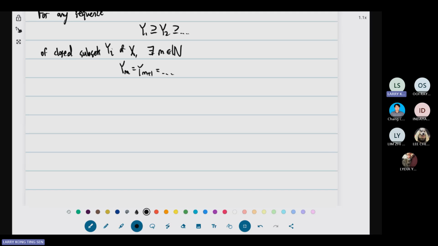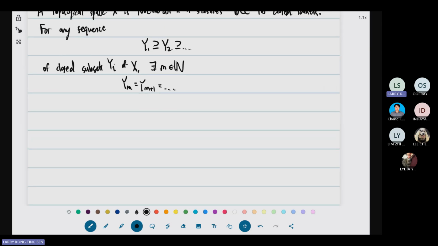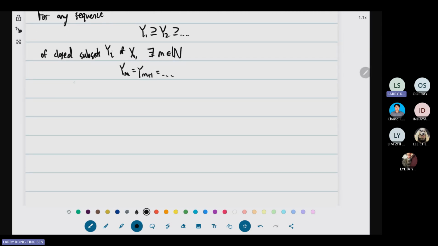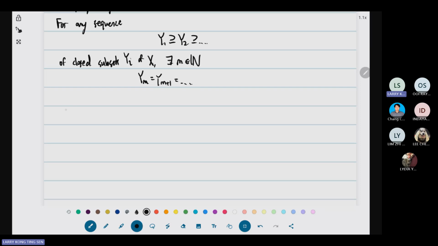And as it turns out, for Noetherian spaces, this Noetherian space X can always be written as a finite union of irreducible components. And what do I mean by that?